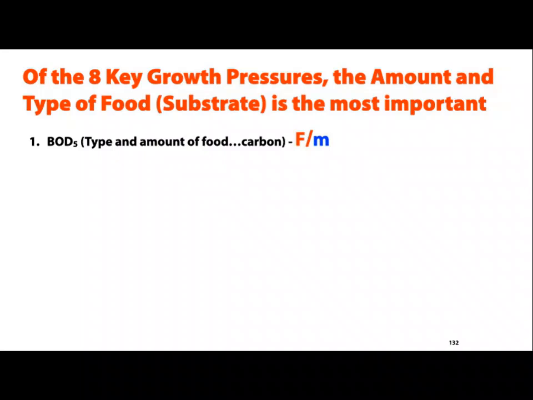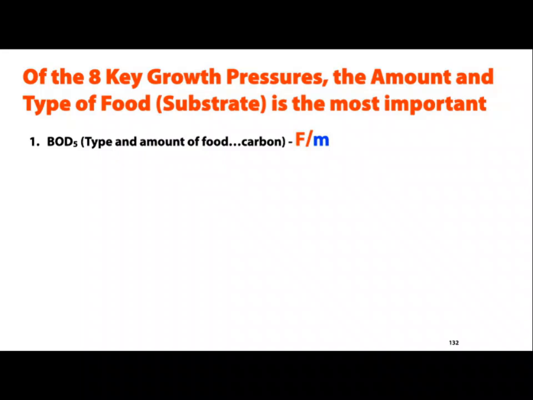Of the 8 growth pressures that we had on that wheel there, probably the one that ends up being the biggest ongoing trigger is actually the food load, the BOD load. Now, F to M is something you've heard about if you have been in the activated sludge world very long. If you're new to it, you will.